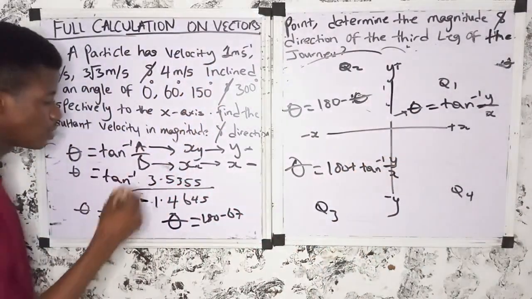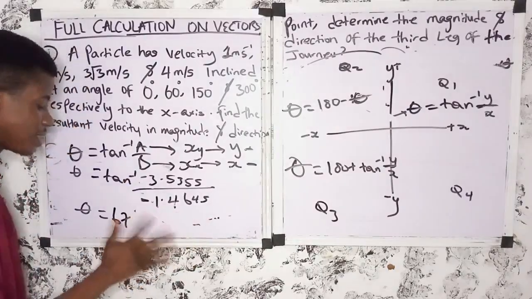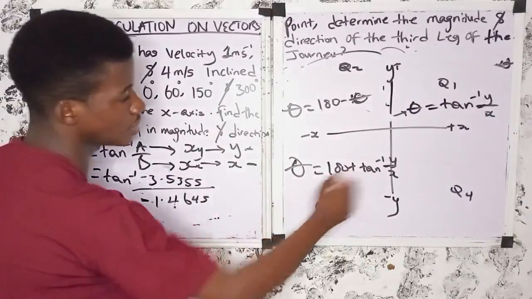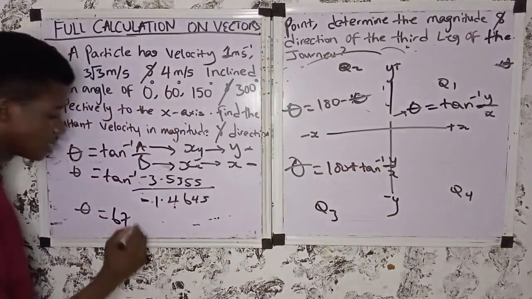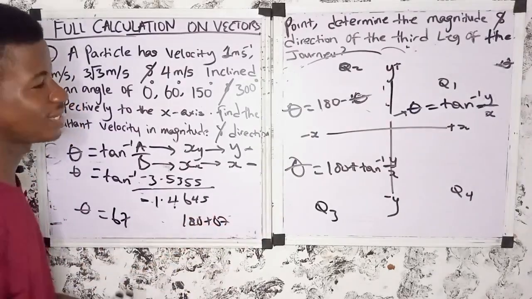In this question, if y and x are both negative and theta was 67, we just add 180 plus 67 to get the total angle. That is just it.